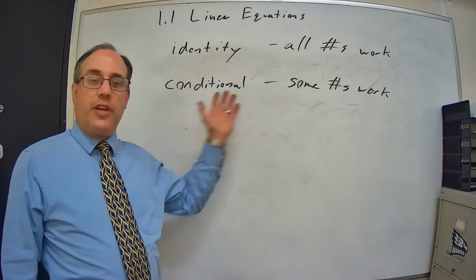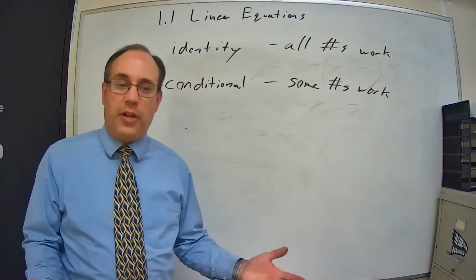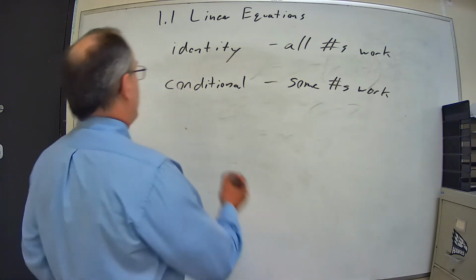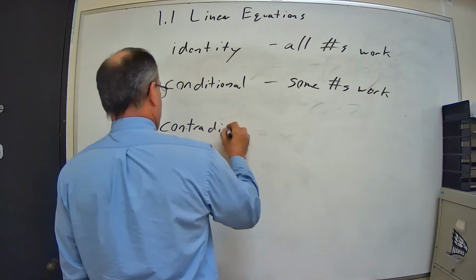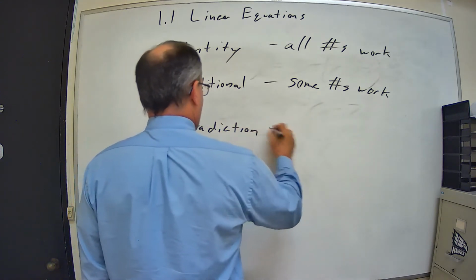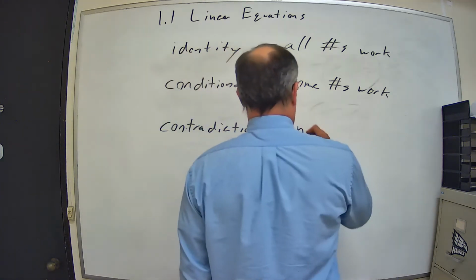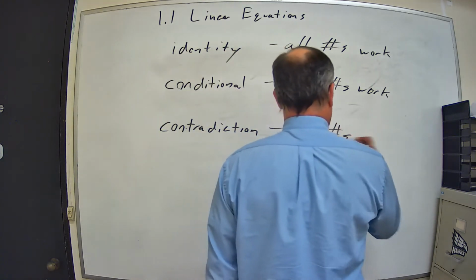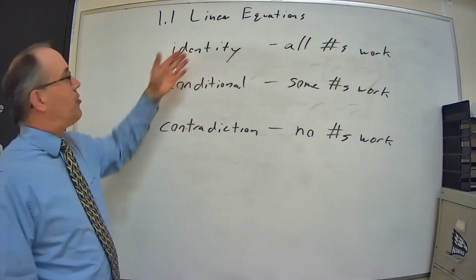So whether you can come up with a true statement is conditional upon which values you plug in. The third thing that can happen is you can have a contradiction. In a contradiction, there is no number that works, so no numbers work. So you've got all, some, or nothing.